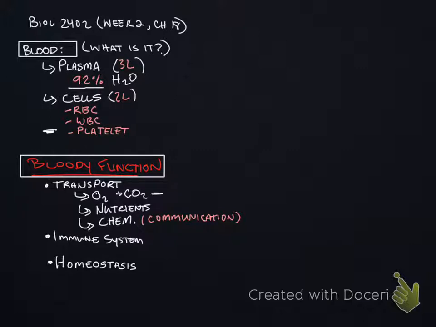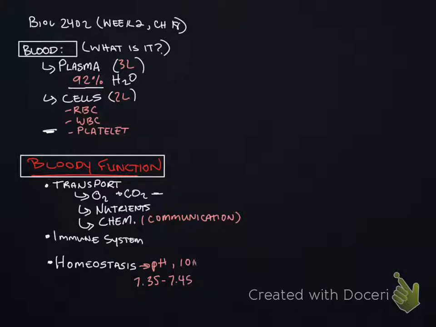Okay, the immune system, with our white blood cells: neutrophils, eosinophils, basophils, monocytes. Okay, and then homeostasis. I keep saying hemostasis, but I mean homeostasis: pH of the blood. So normal pH is 7.35 to 7.45. Anywhere out of that range can be very devastating for the body.